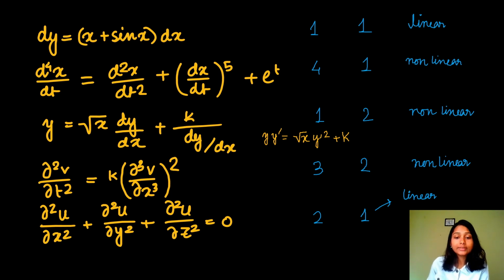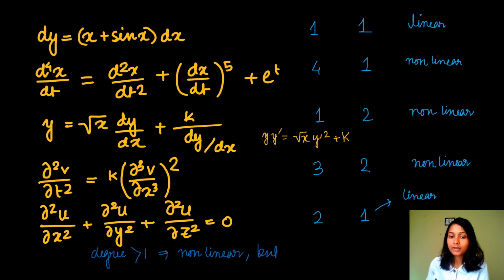Okay. So one thing can be noted: if the degree is greater than 1, it is non-linear. But the converse of this statement is not true.